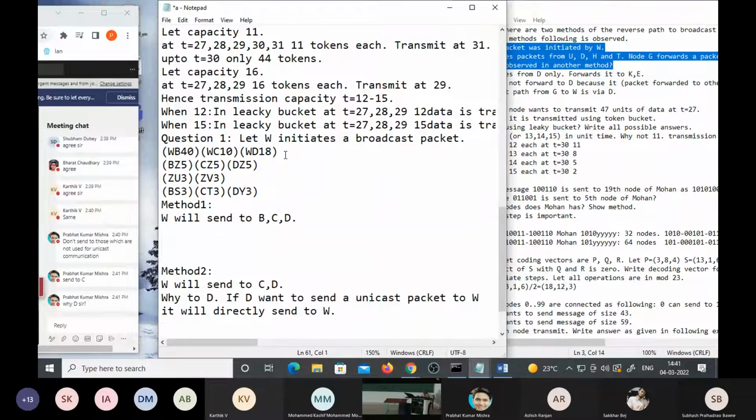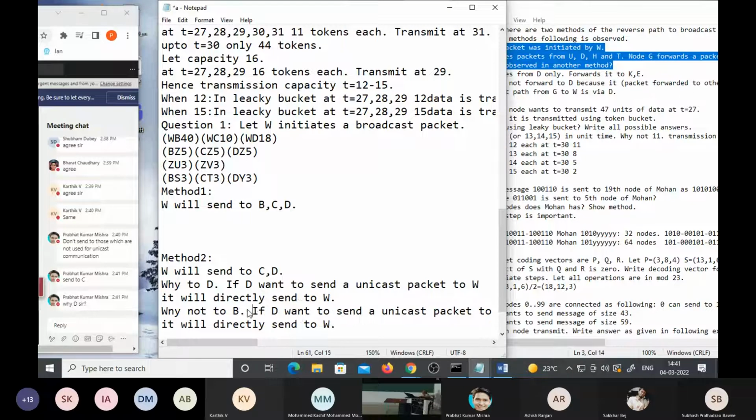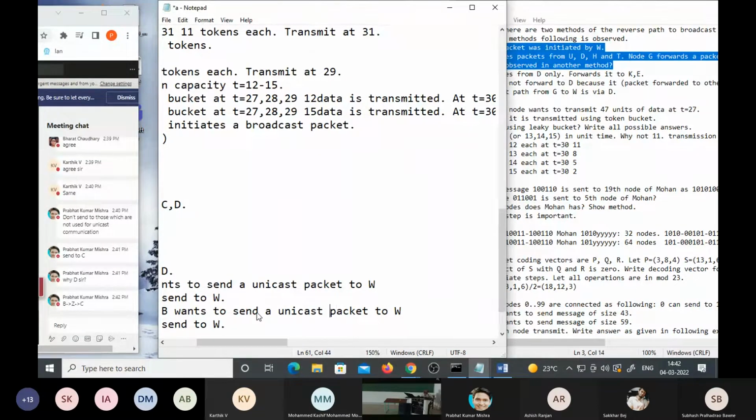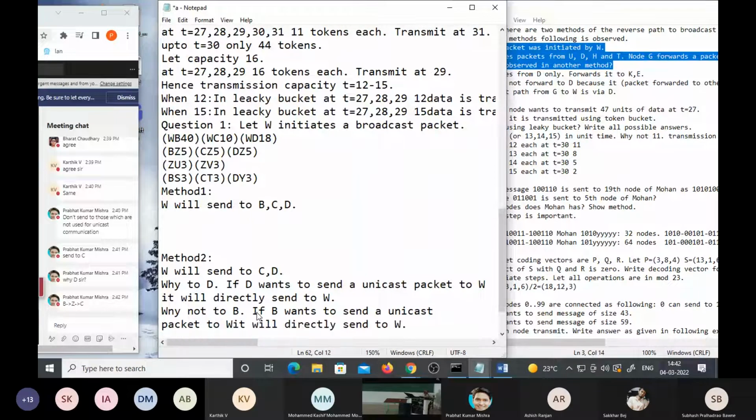Why not to B? If B wants to send a unicast packet to W, it will send to Z. B, Z, C, W, each 20 delay.